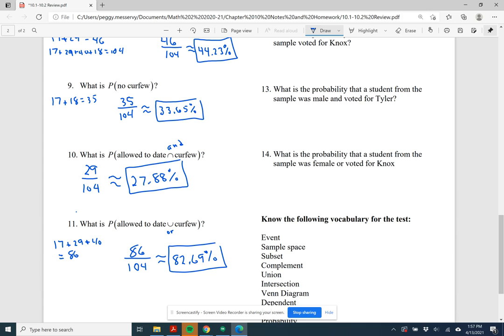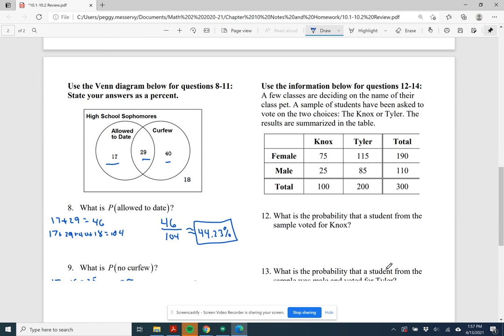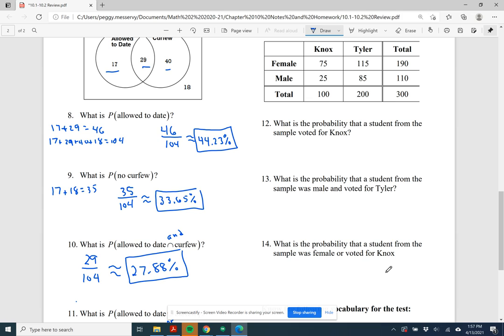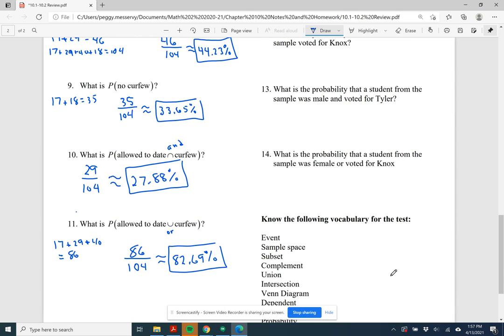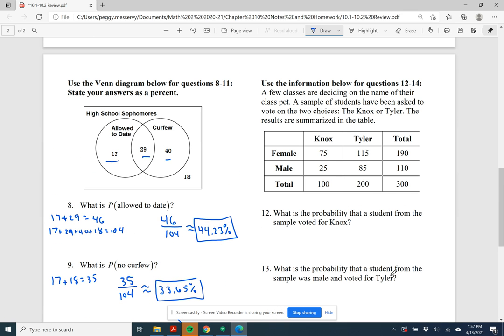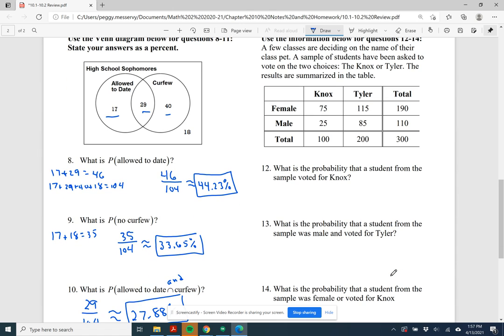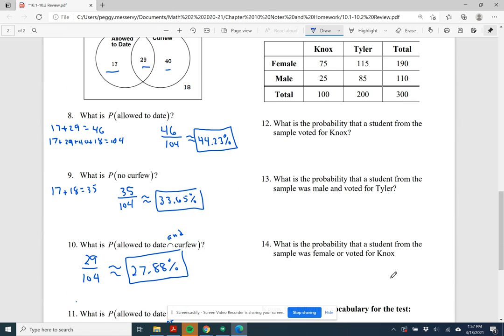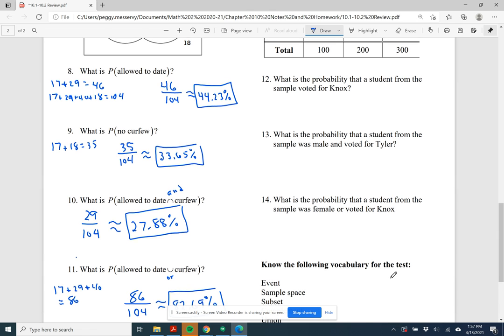There is another way. We could do the probability that they're allowed to date, which would be 17 plus 29, 46 over 104 that we already had, plus the probability that they have a curfew, which would be 69 over 104, and then subtract the 29 over 104. So we could use that technique as well.